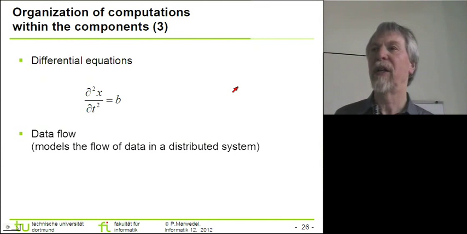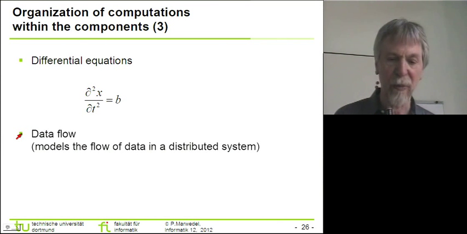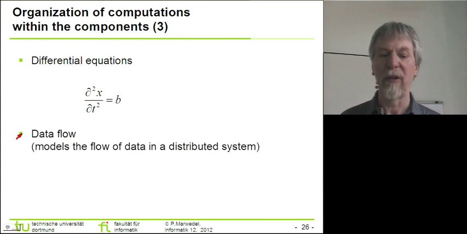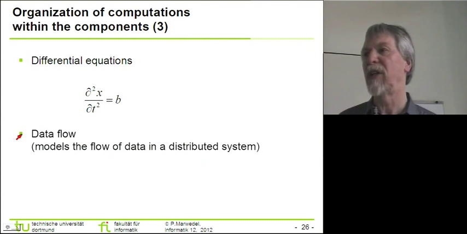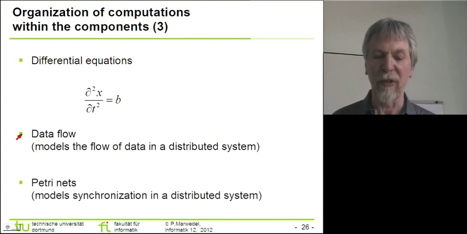There are other ways in which we could describe the operation within the components, like a so-called data flow model, where we would be modeling the way in which data flows in a distributed system. We will see later on during the course examples of such data flow models.